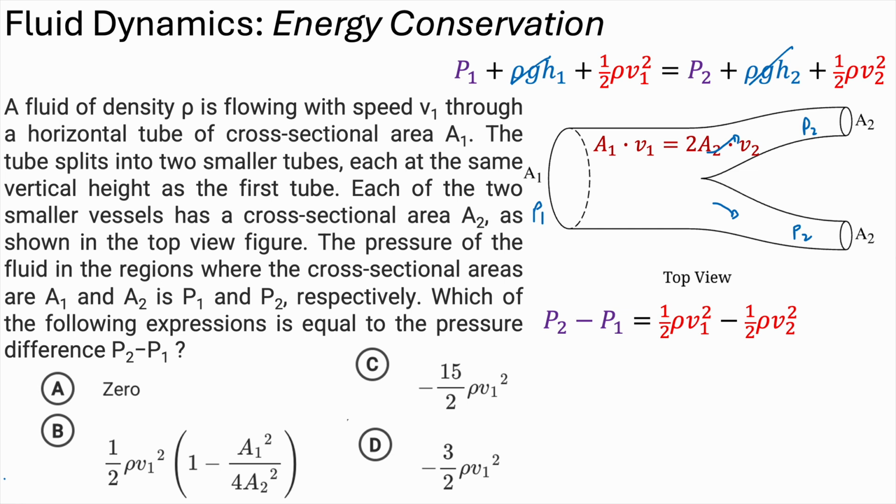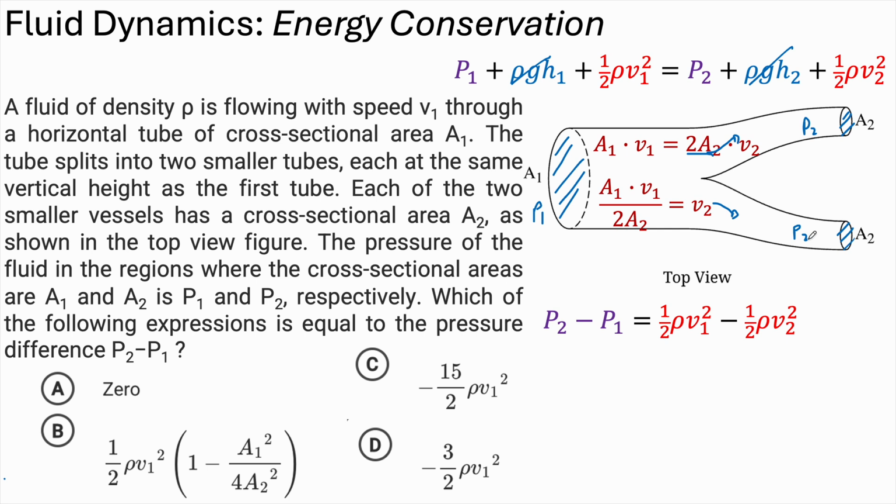We know that the velocity here times area A1, where this is A1, has to equal the velocity over here. Now, technically, I've got two A2s over here. And so you'll notice in my equation here, I wrote 2A2 times V2, where V2 is the velocity for each one of these two tubes. It's got to be the same because we're reducing down to two identical tubes.